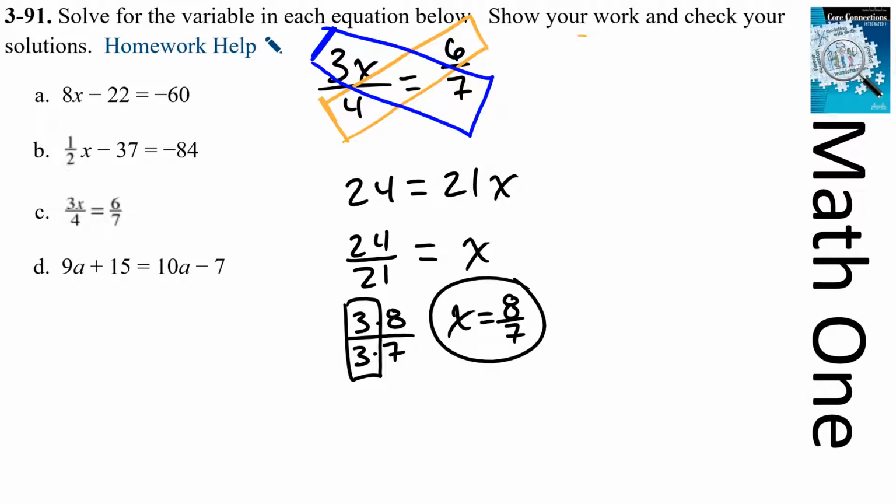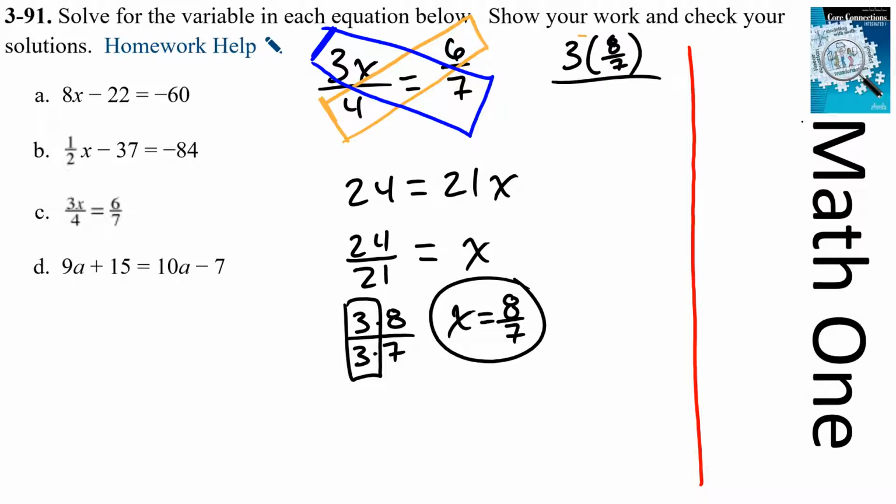What I need to do now is check that answer. So we'll do that over here. And on the one side, we're going to write 3 times the value of x that we found, 8/7, and we're going to divide that by the number 4. And over on the right-hand side, we're just trying to verify that it is the same as 6/7.